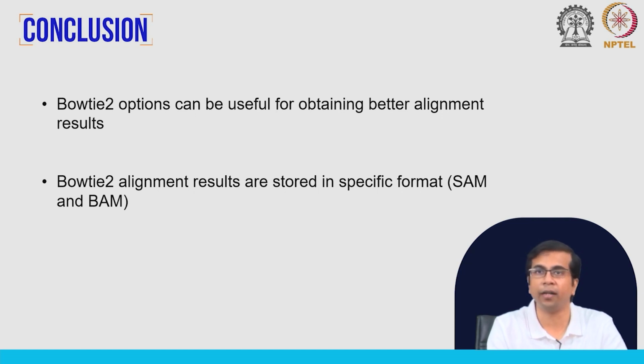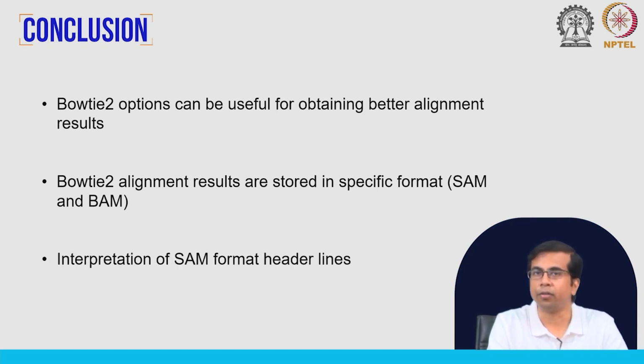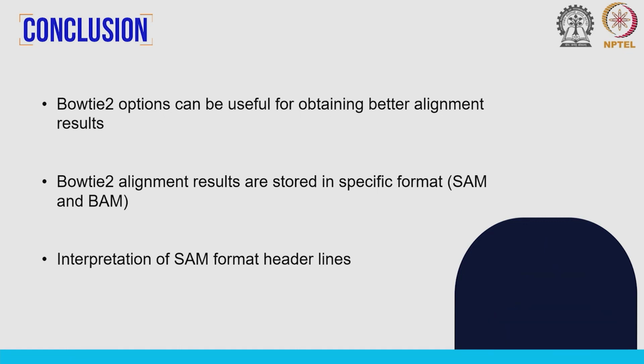SAM is the human readable format, whereas BAM is the machine readable format. We have also looked into the interpretation of the SAM format header lines. There could be some useful information that you might need when you are processing the data. And in the next class, we will be describing the rest of the SAM format files, specifically the alignment section. And thank you.